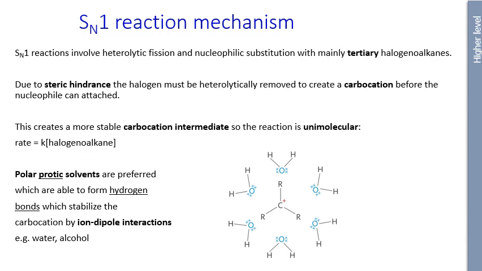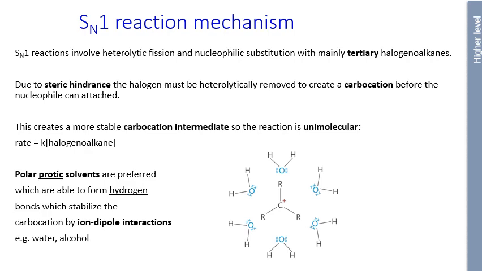Due to steric hindrance, the halogen must be heterolytically removed to create a carbocation before the nucleophile can be attached. So for example, the reaction between 2-chloro-2-methylpropane and aqueous hydroxide ion leads to 2-methylpropan-2-ol and a chloride ion. The rate determining step involves only the halogenoalkane, so the bond to the leaving group breaks first, forming a carbocation. Therefore, the reaction is first order.